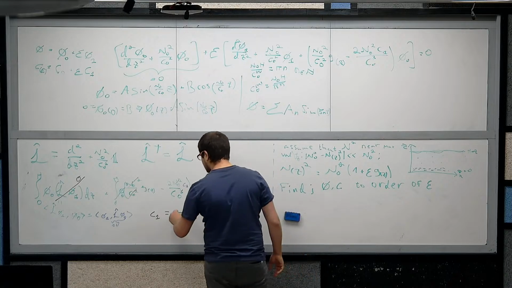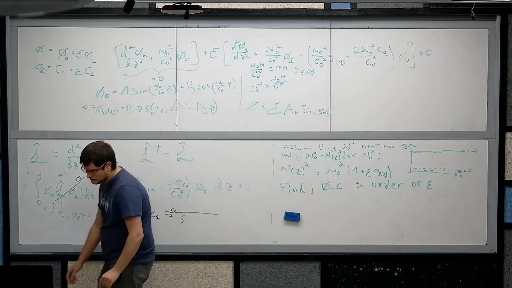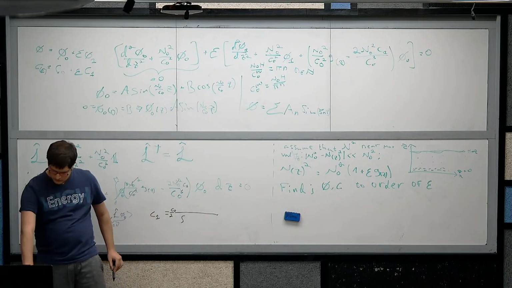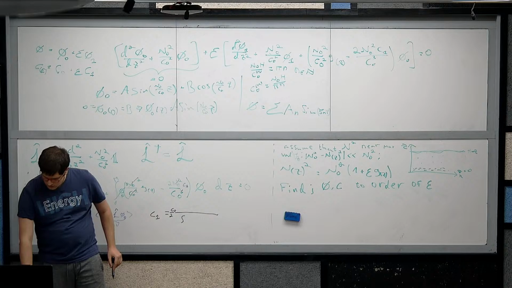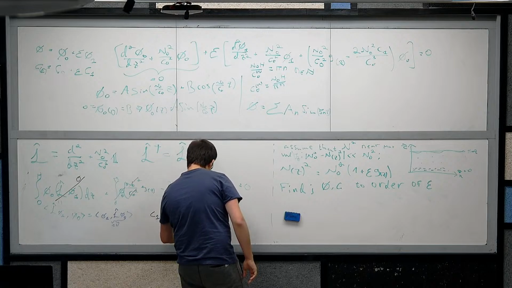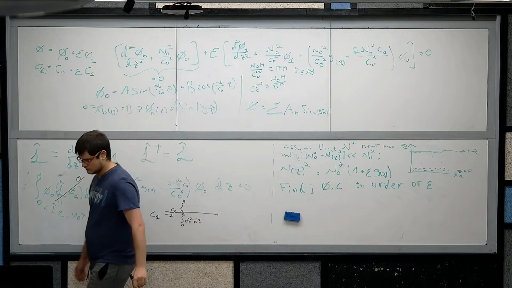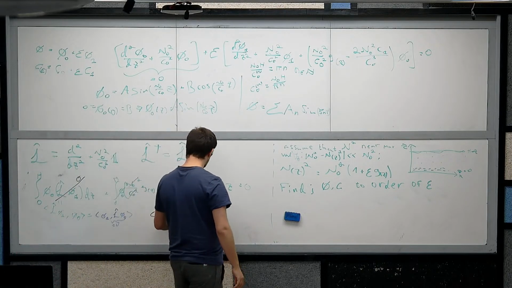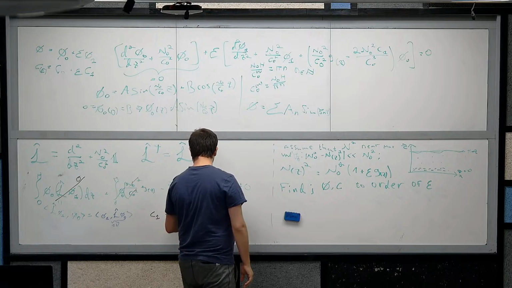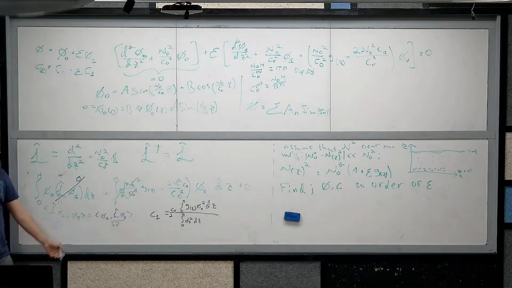That is practically c0 over 2 times, in the denominator, exactly the integral from 0 to h of c0 squared dz, and the numerator is practically the modified inner product, some sort of modification of the inner product, right? And that is our solution for C1.